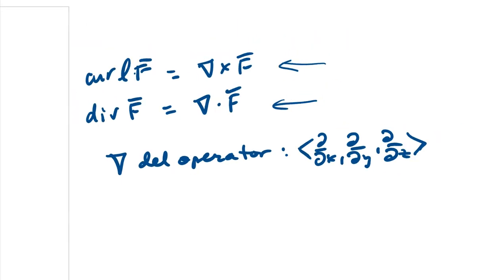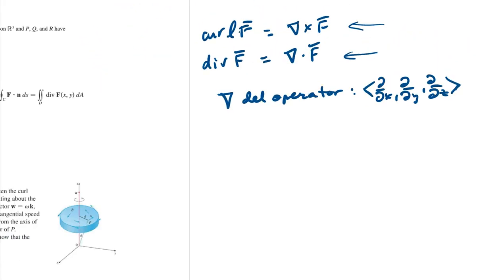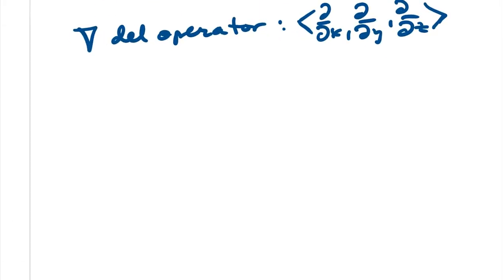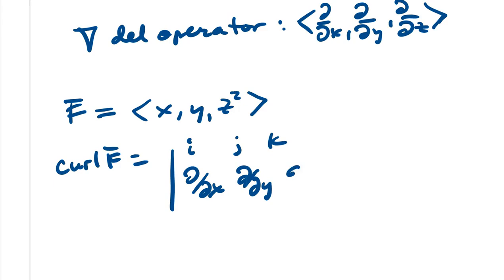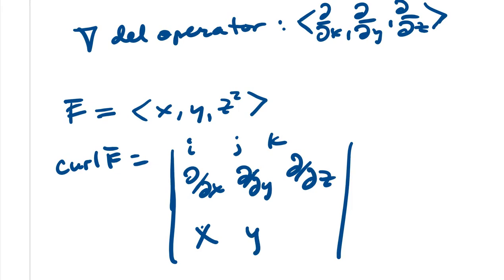All right, so let's see this in practice. Let's just take a vector function. Let's do, I don't know, x, y, z squared or something like this. So when you do the curl of f, you do i, j, k, just like before, and then partial with respect to x, partial with respect to y, partial with respect to z, and then you write your vector components here.